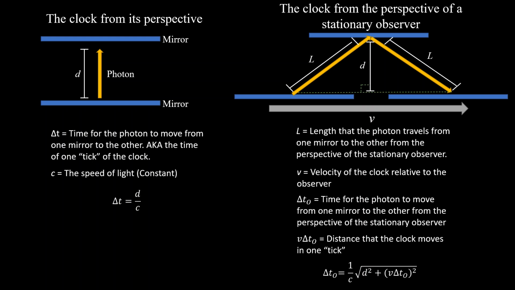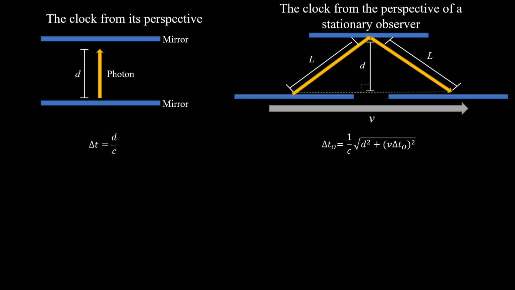By solving the equation for the time per photon movement when the clock is still, delta t is equal to d over c, we can get d is equal to c times delta t. Now we can substitute that into our equation for delta t(O). To get the final equation, delta t(O) is equal to 1 over c times the square root of (c delta t) squared plus (v delta t(O)) squared.